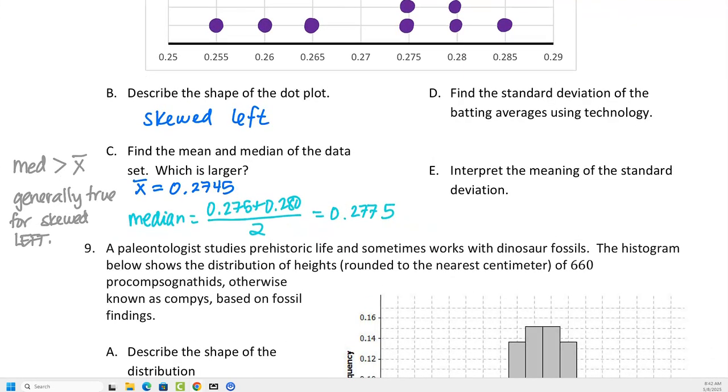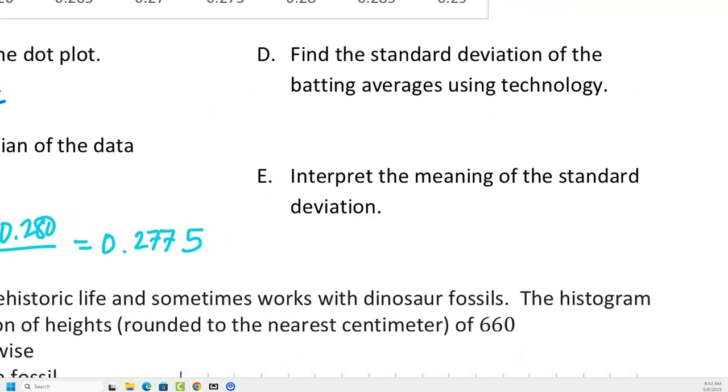It says find the standard deviation of the batting averages using technology. So I'm just going to tell you what the standard deviation is, just for the sake of time. It is approximately, because I'm going to round, 0.01.